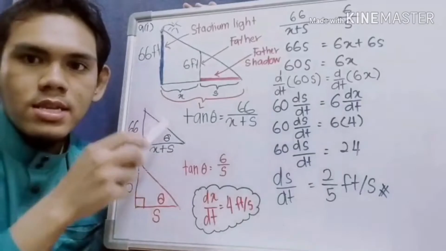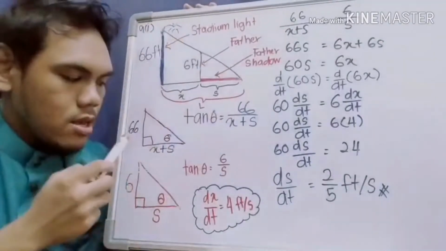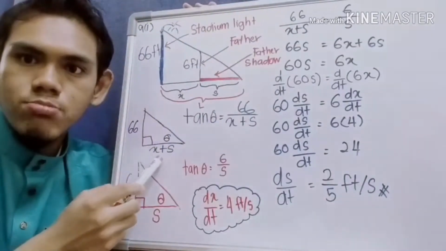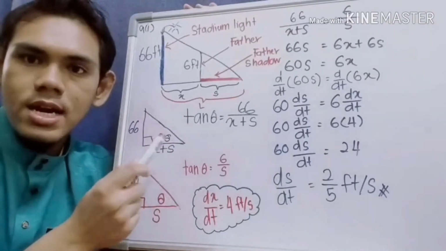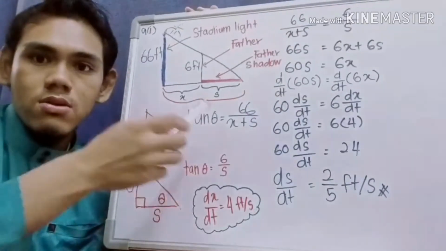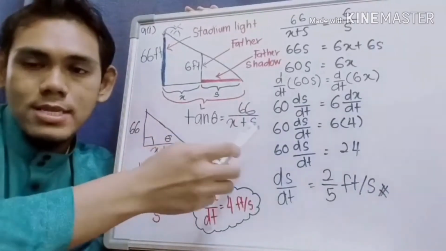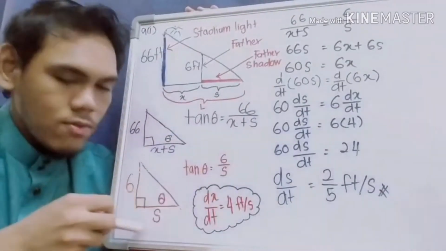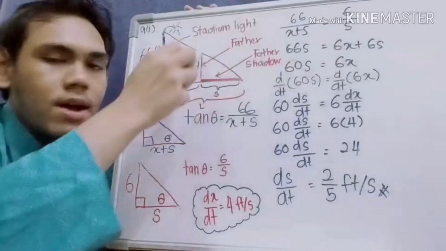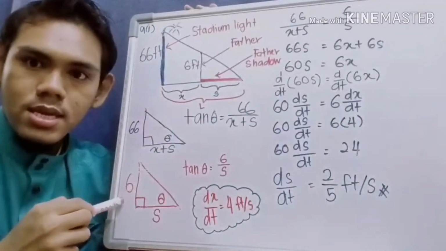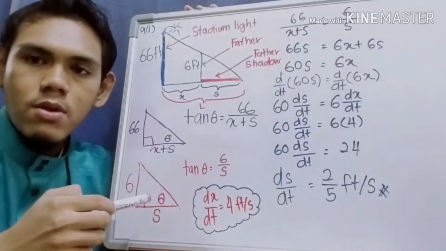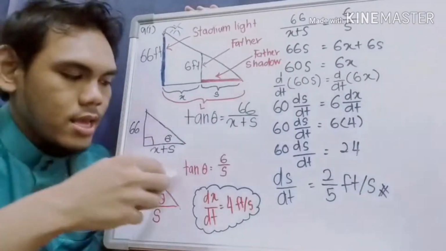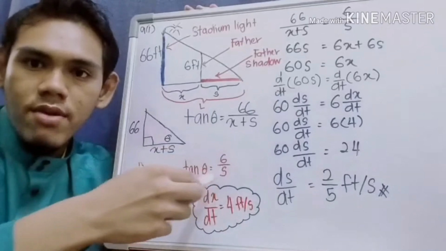From this diagram, we need to split it into two. The first one comes from the big triangle: 66, x plus s, and theta. The value we can get from this diagram is tangent theta equal to 66 over x plus s. The second one comes from the small triangle: 6, s, and theta. The value we can get from this diagram is tangent theta equal to 6 over s.